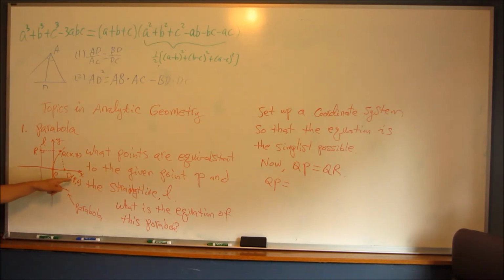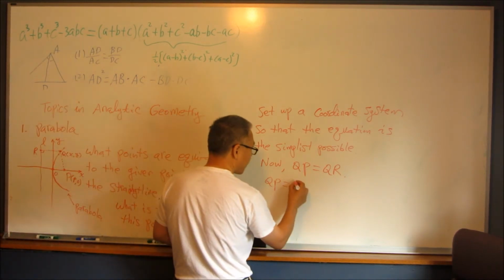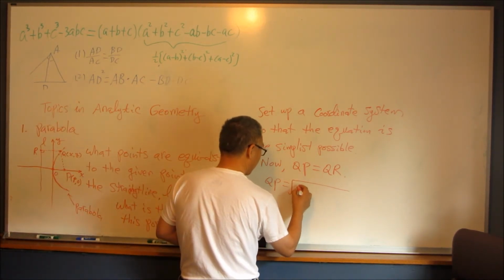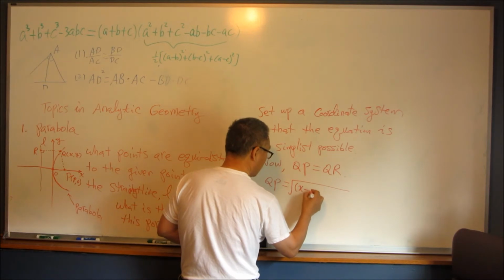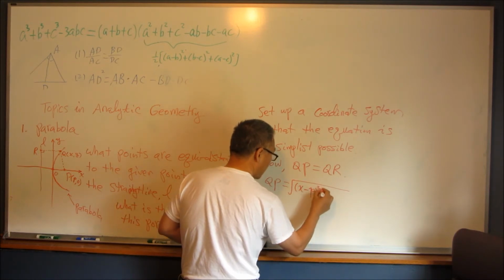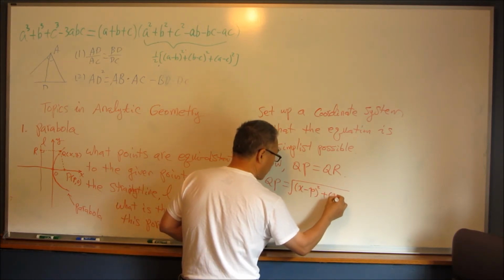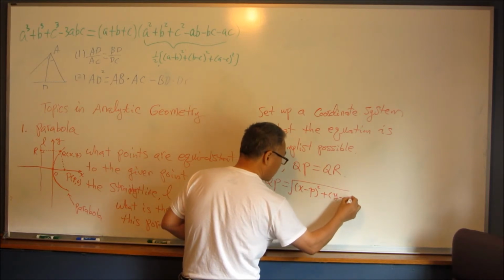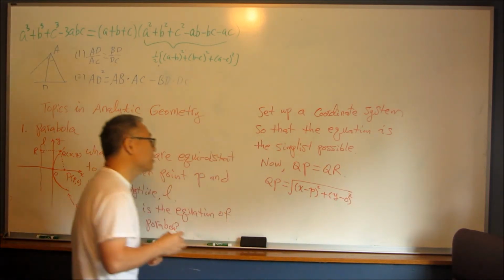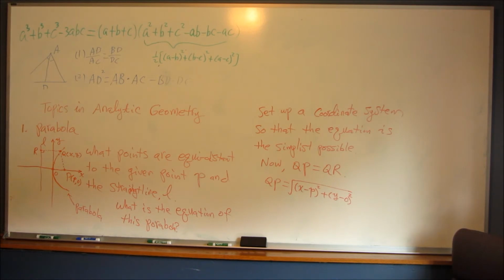So the distance QP is the square root of x minus p squared plus y minus 0 squared. That's the familiar distance formula between two points.